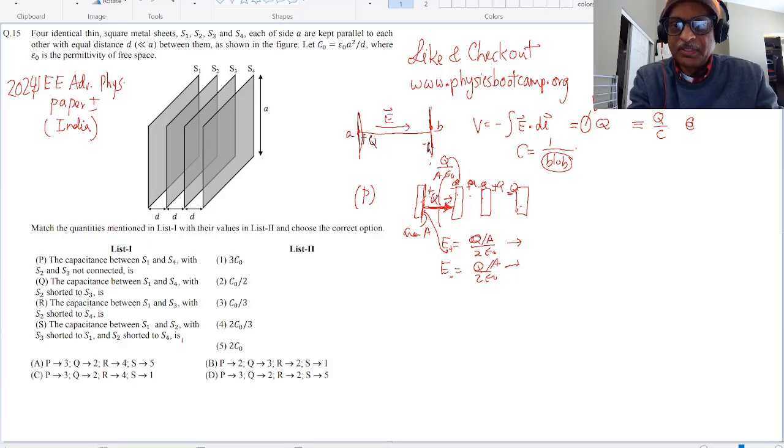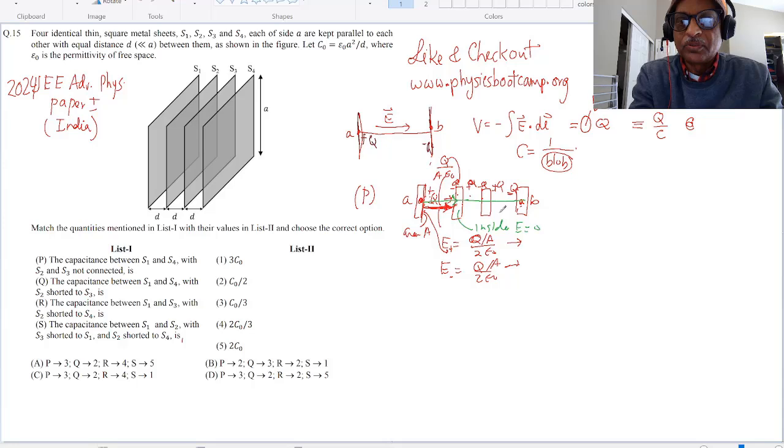When this is constant, then if you integrate from here to there, you are going to get this times the distance. But we're supposed to get from here to here. So my point A is here and point B is here. We will take a path from A to B like that. We have to integrate up to here, and the inside is 0. Inside the plate is 0.